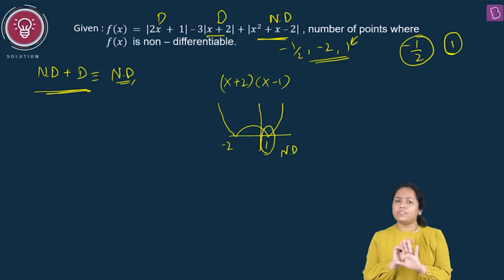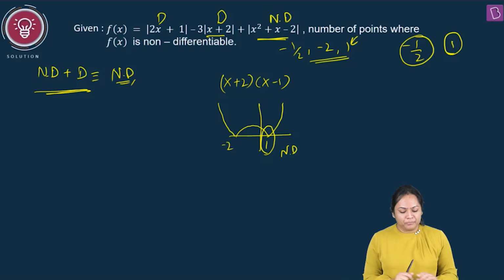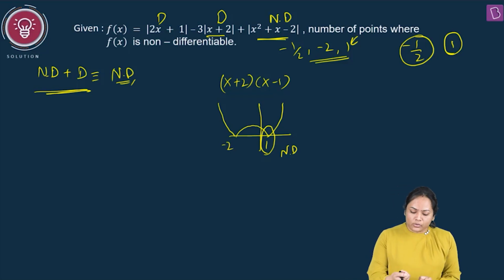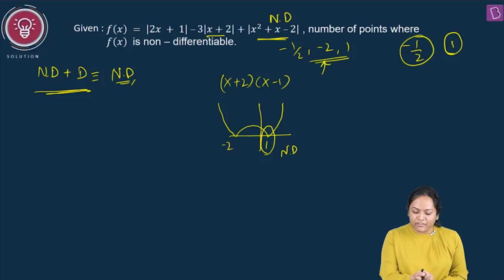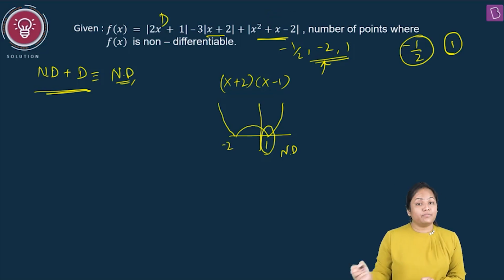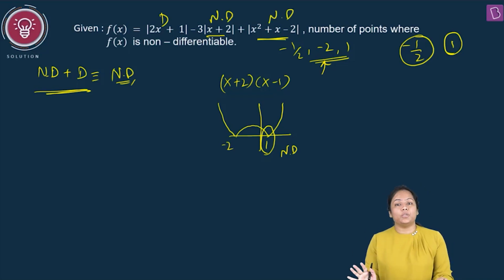Have you understood? We haven't solved for anything. We have just seen by the property of derivability when multiple functions are involved. Clear? Okay. Now coming to the point minus 2. So what is going to happen when I take x is equal to minus 2? Well, when I have x is equal to minus 2, I have my first function again as differentiable, but my second function and third function are non-differentiable.